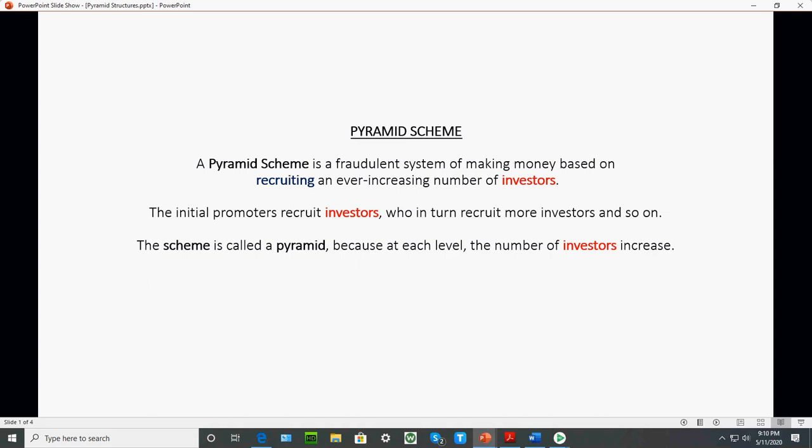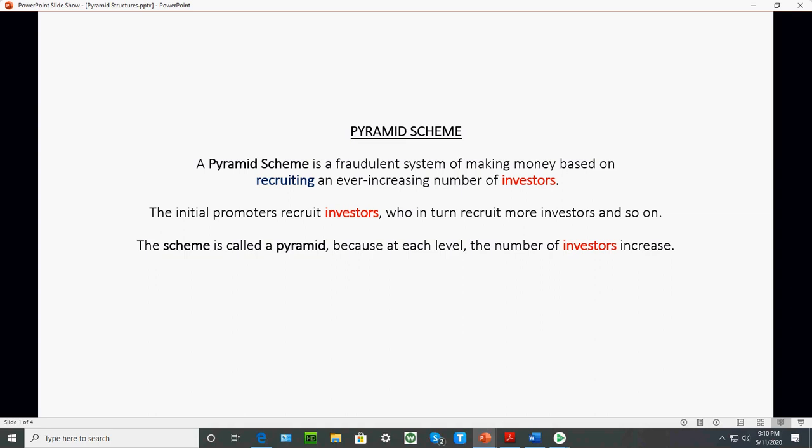Right? So the key word here, as I said before, is investors. When you're an investor in a pyramid scheme, the main thing that you're looking for is a rate of return on your investment.